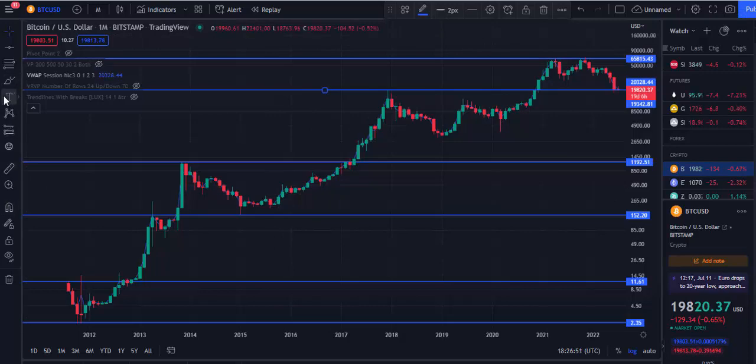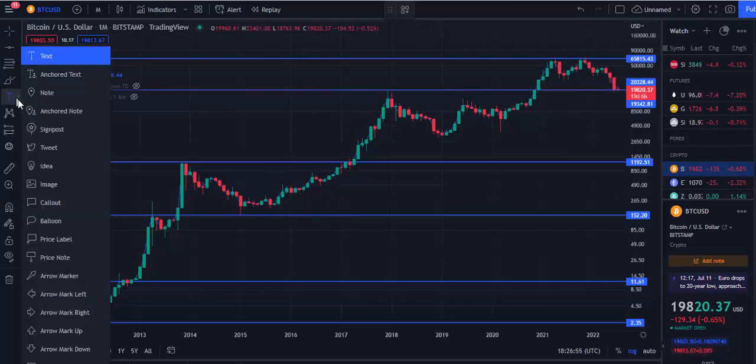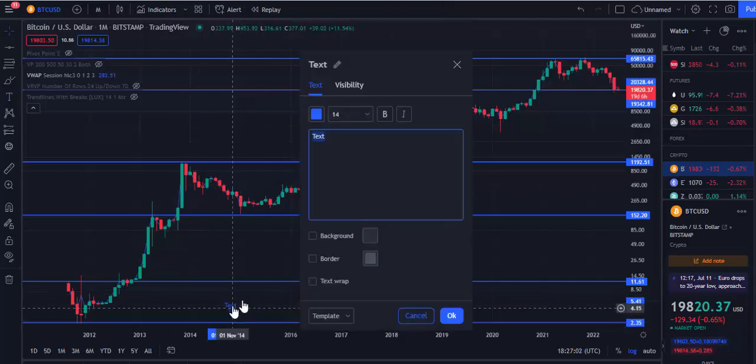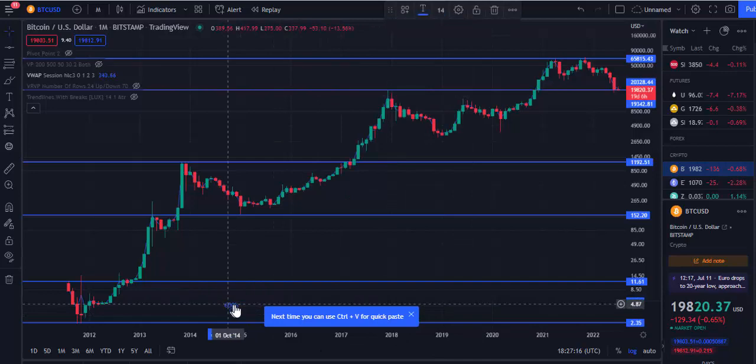From that particular $2, if you buy the bottom, let's say you buy at the beginning, you're going to be making around 600%. So let's take what we have here. You're going to be making 600% from here.